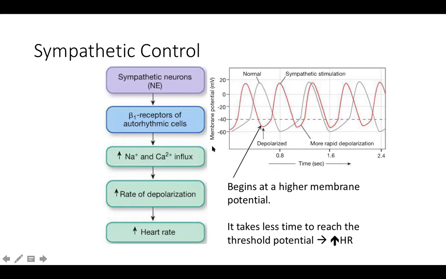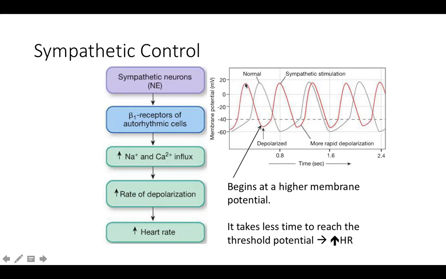So if we look at, again, the normal curve, there are 3 heartbeats. There are 3 depolarizations in this time period. Well, with sympathetic nervous system activity, you get an increase in the amount of sodium that's going into the cell from the funny channels to cause that drift to be more pronounced, and you reach threshold quicker.